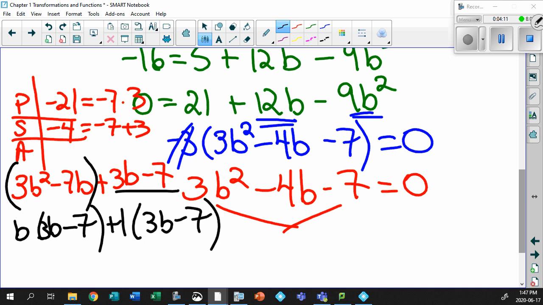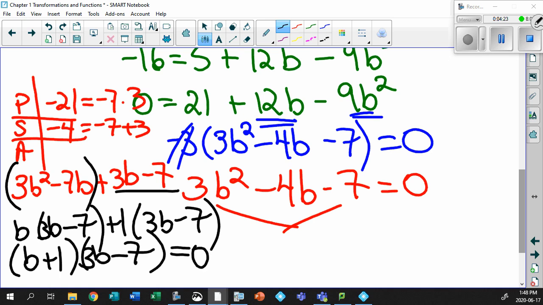Leaving you with b plus 1, and check this out, 3b minus 7. And of course, that equals 0. Now, if we factor this and just do it in our head real quick, we find our values could be b is minus 1 or b equals 7 over 3. Those are our two values.